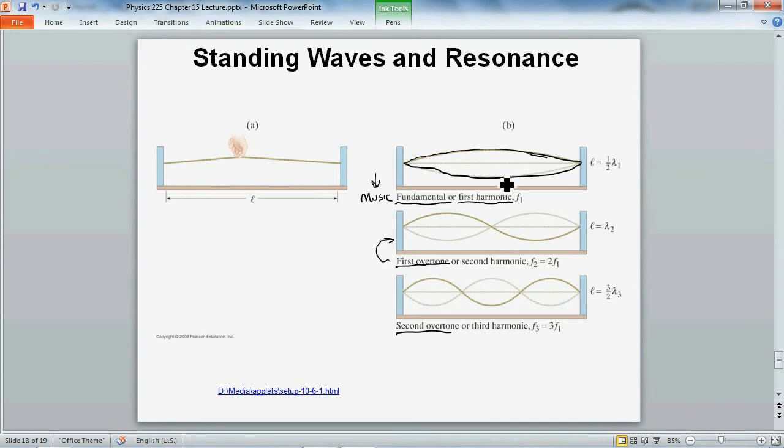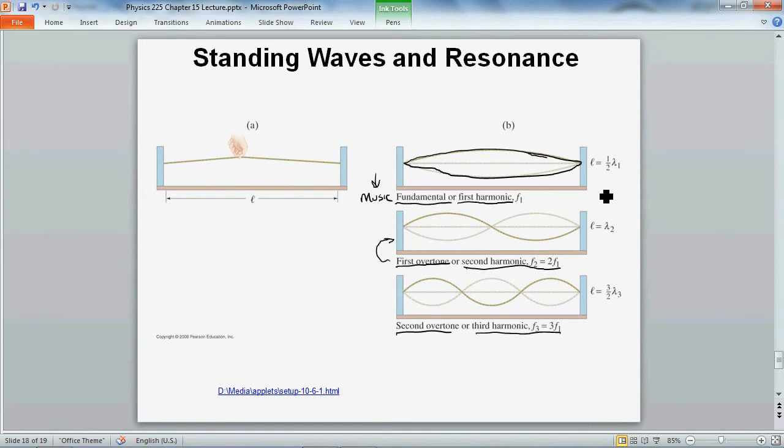So first harmonic is one antinode. Second harmonic, which is just 2 times the frequency, produces 2 antinodes. Third harmonic, which is 3 times the base frequency, gives you 3. So it's easier to understand in that way.